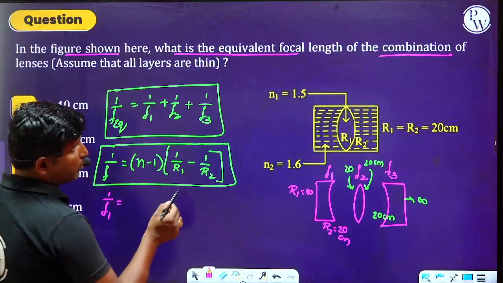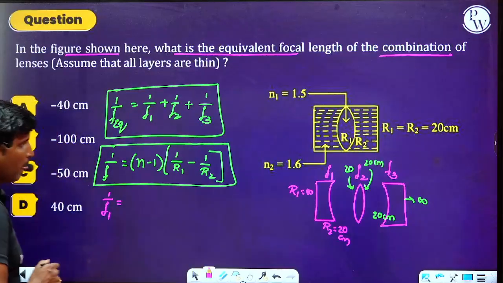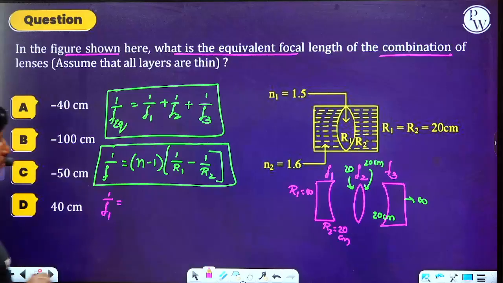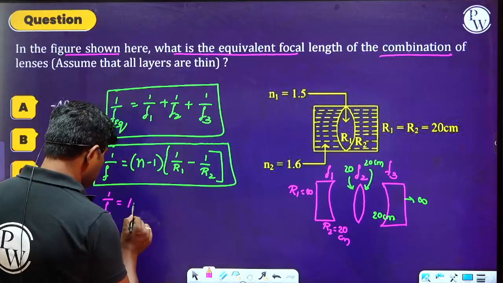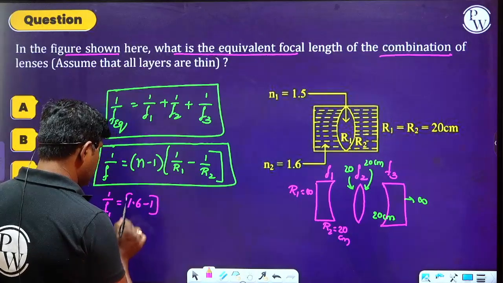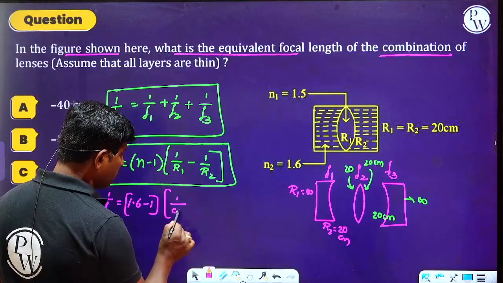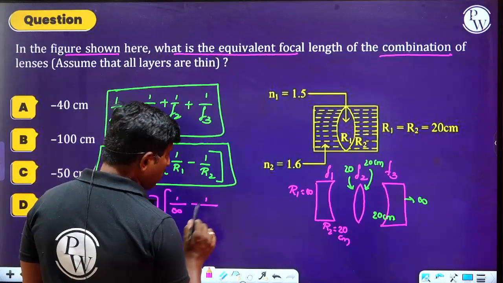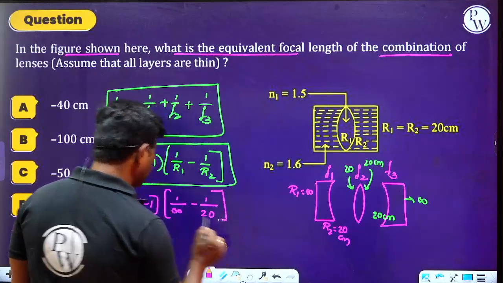1 by f1 is equal to, and this n2 they are saying, let us say 1.6 minus 1 into 1 by r1, which is infinity, minus 1 by r2. R2 is equal to 20 centimeter.